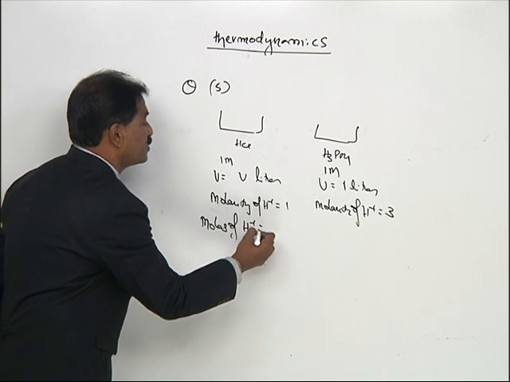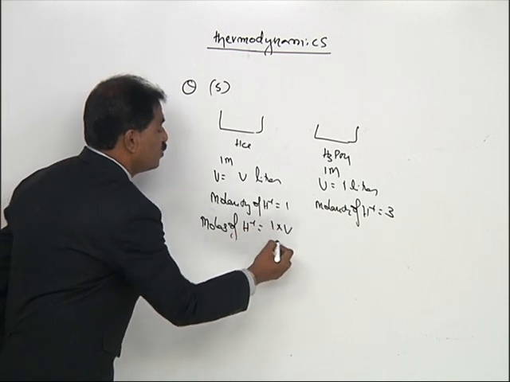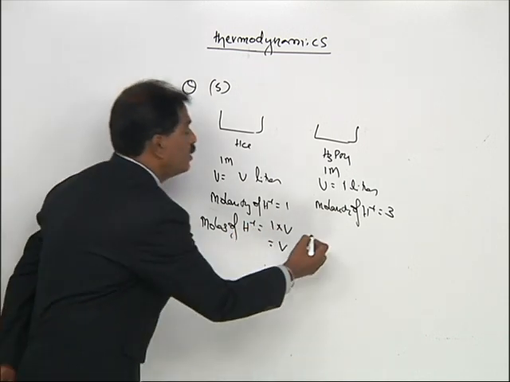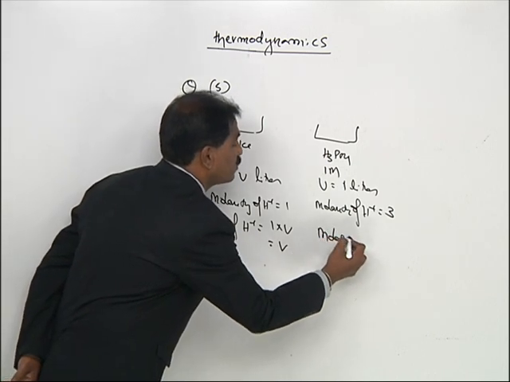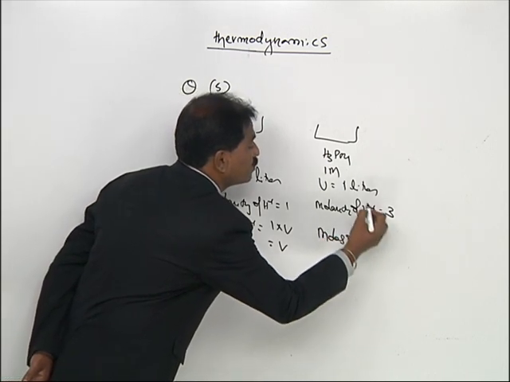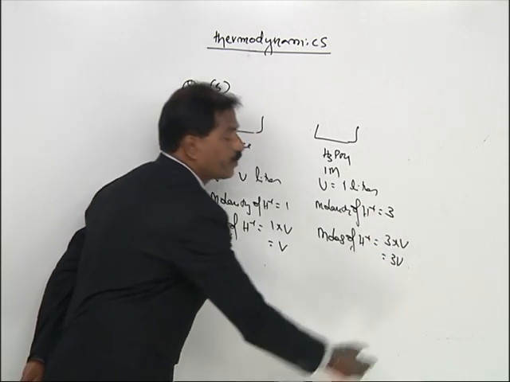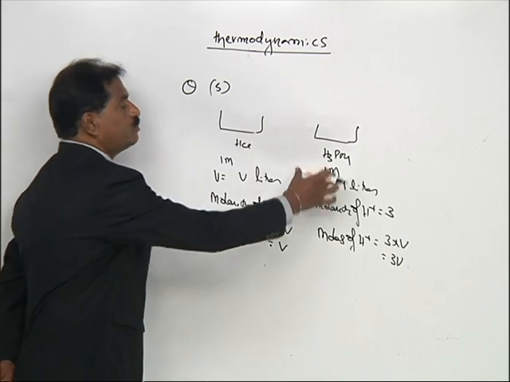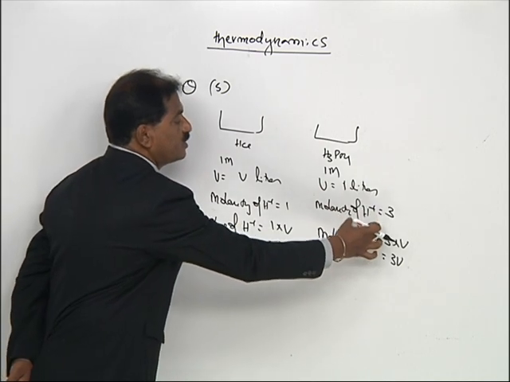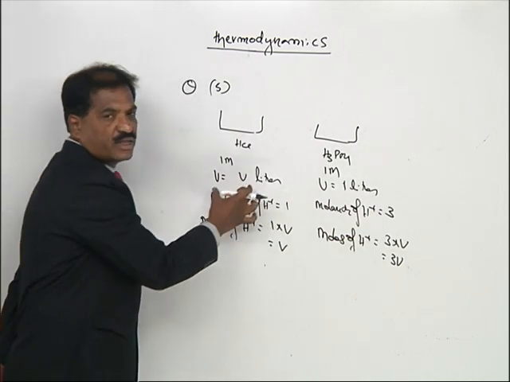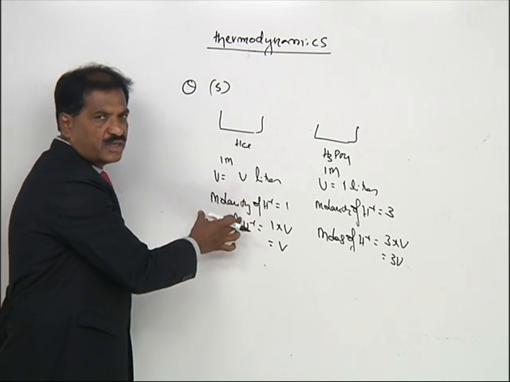Moles of H plus is equal to 1 into V. Similarly, here the moles of H plus is 3 into V, so 3V. So, in this H3PO4 solution, the total moles of H plus ions are 3 times greater than in the HCl.